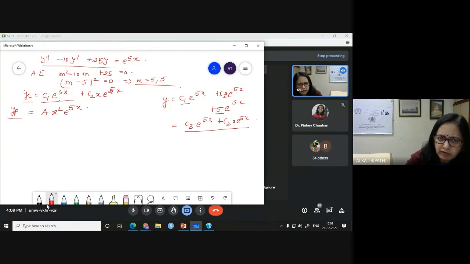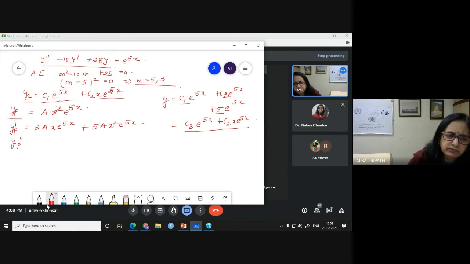Since x e to the power 5x is already a solution, the second solution, I will consider yp to be x squared e to the power 5x. Now we will differentiate this. Again differentiate it.